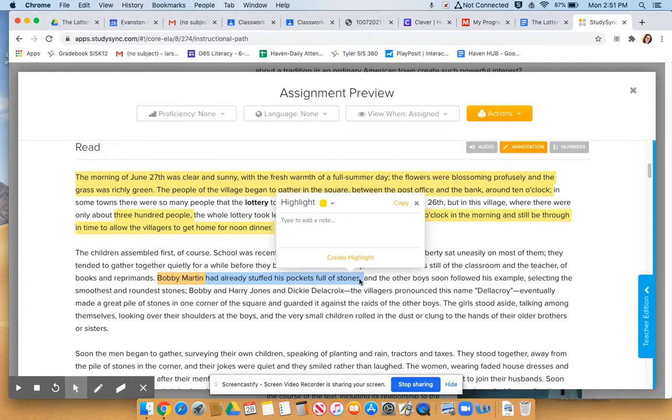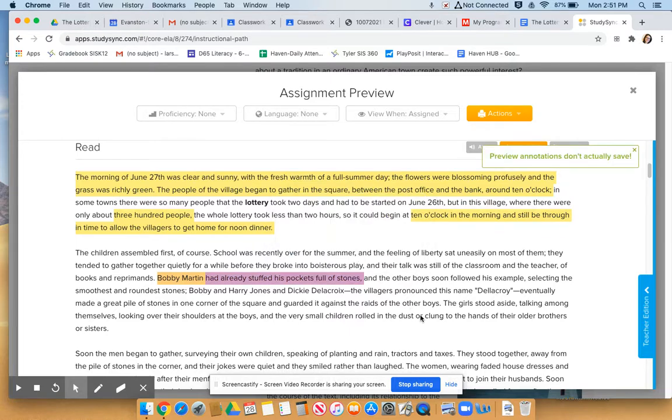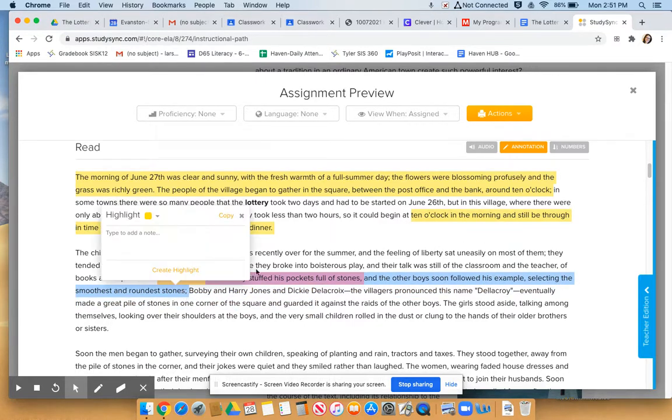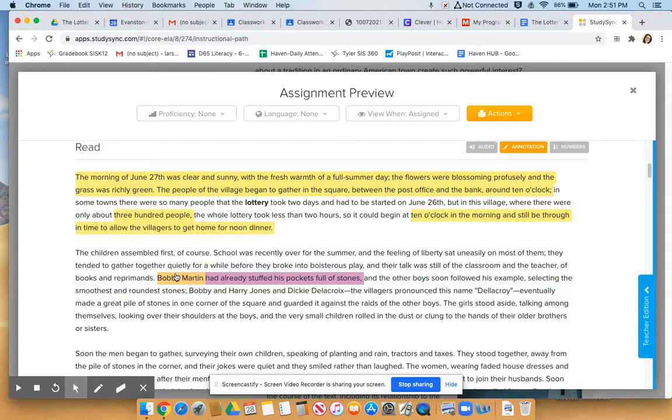It's telling us something really powerful about Bobby, mainly that he's ready to go and ready to roll for the lottery, right? And the other boys followed his example. This also feels really important. So Bobby is pretty much a leader, and these boys are following suit. All right, so this is an important action a character's taking.